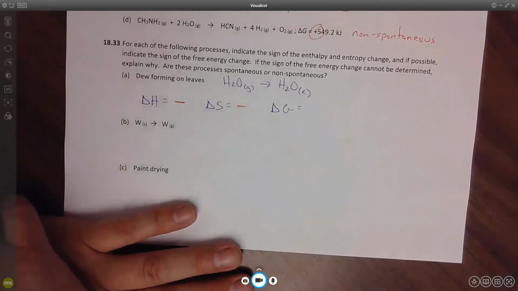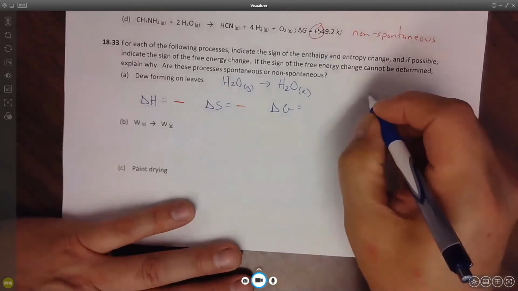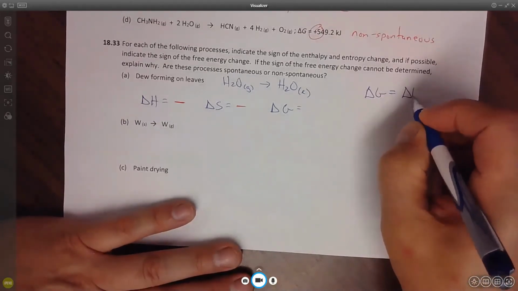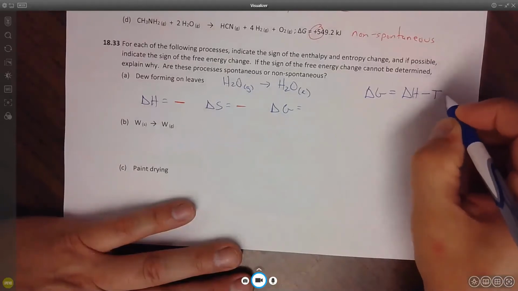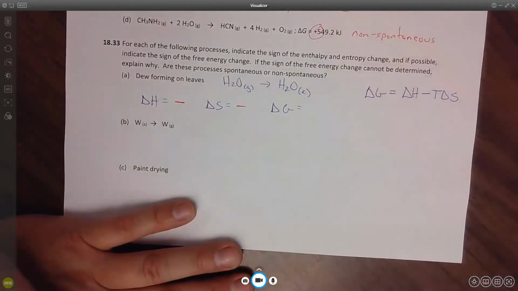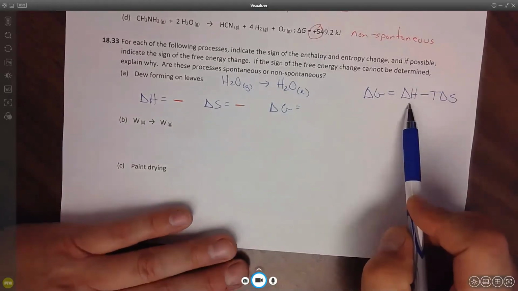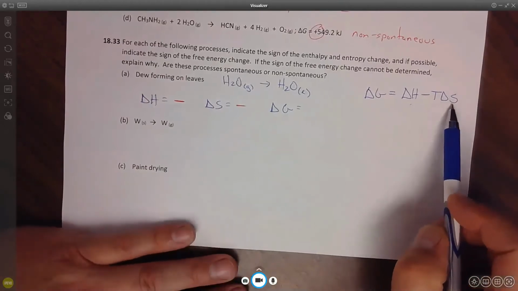We do it in an equation, right? Is there an equation that relates these variables? Right, so the change in free energy is equal to the change in enthalpy minus the absolute temperature times the change in entropy.